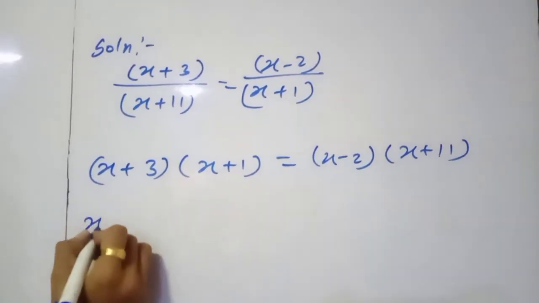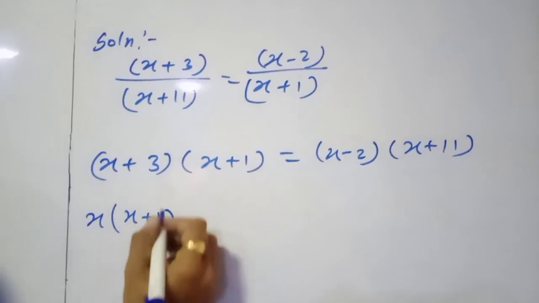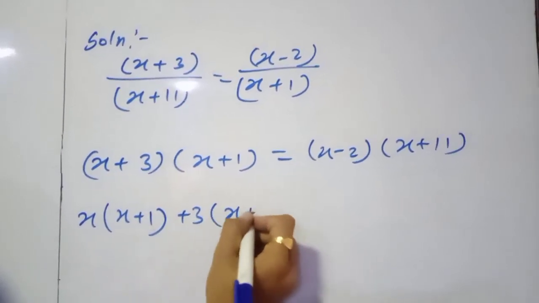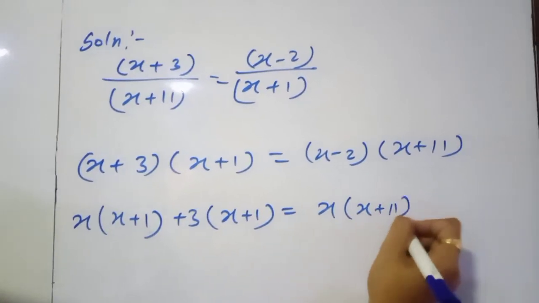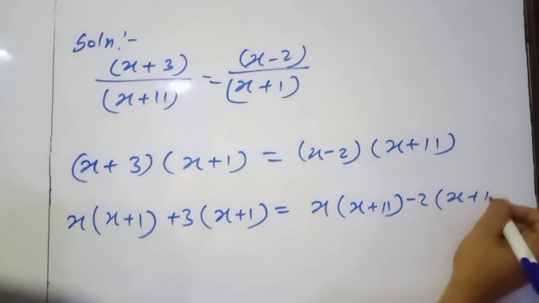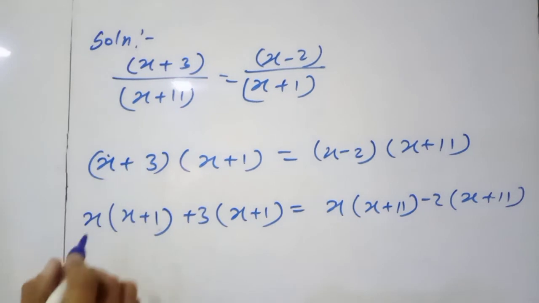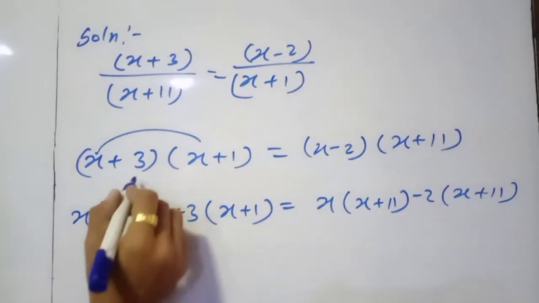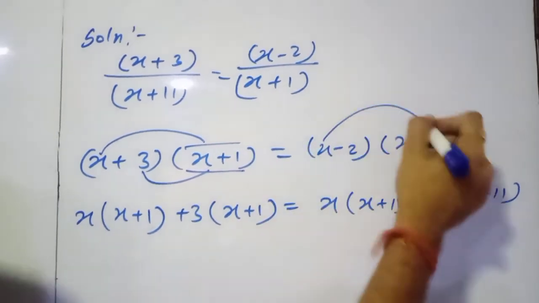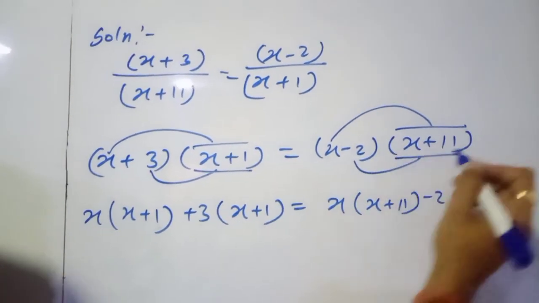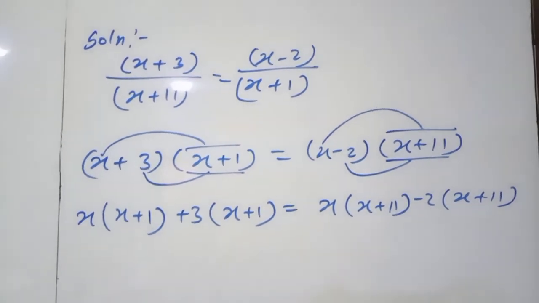So we can write x times x plus 1, again plus 3 times x plus 1, is equal to x times x plus 11, minus 2 times x plus 11. Once again, x from here is multiplied with the whole bracket and this 3 is multiplied with the whole bracket, and x with the whole bracket and minus 2 with the whole bracket. We have written that.